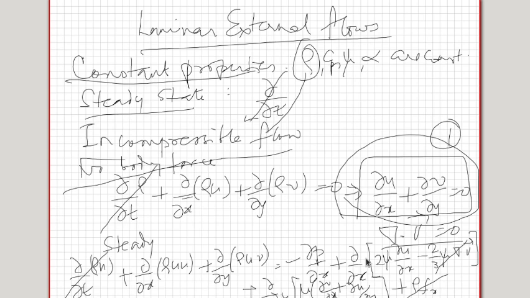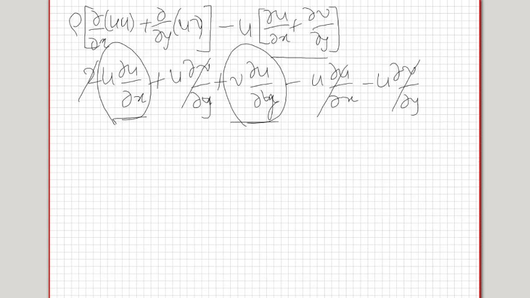And what will this be? This will be del by del y of mu times del v by del x plus del u by del y. So if I take mu as a constant out, this will become del square v by del x del y plus del square u by del y square, right? So those are the terms that we will write on the next page. So this is the left hand side.